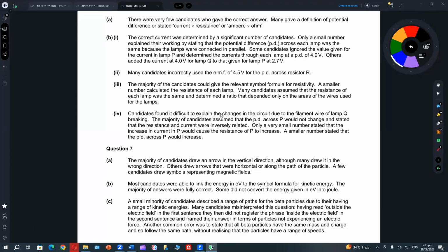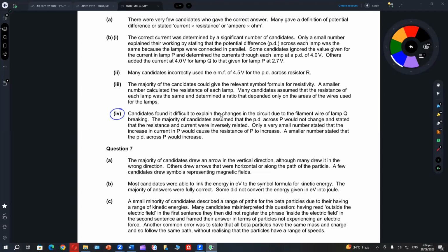Look at part number 4. Candidates found it difficult to explain the changes in the circuit due to the filament wire of lamp Q breaking. The majority of candidates assumed that the PD across P would not change and stated that the resistance and current were inversely related.